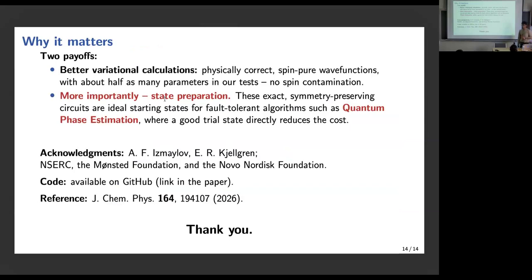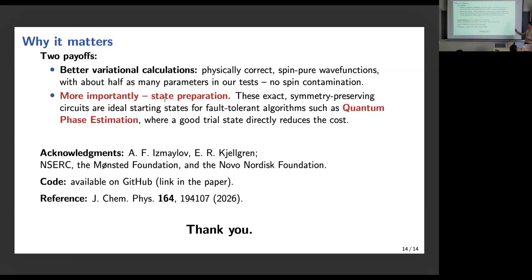Well, why does this matter? For two main reasons. The first reason is that your variational calculations are going to be better. So you can get better ground state energies, and you can prepare better ground state wave functions using the variational calculations. But if you're excited about the fault tolerant algorithms, such as quantum phase estimation, even in those regimes, you would need to start with a good trial state.